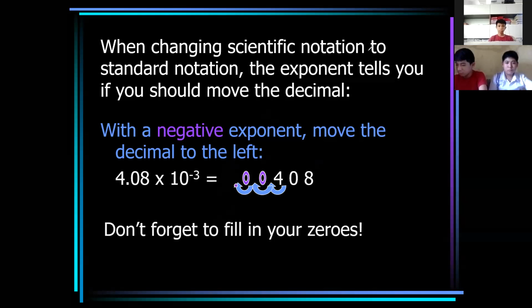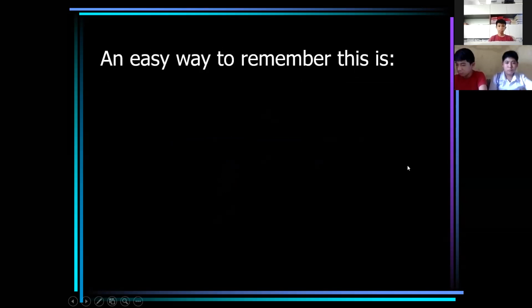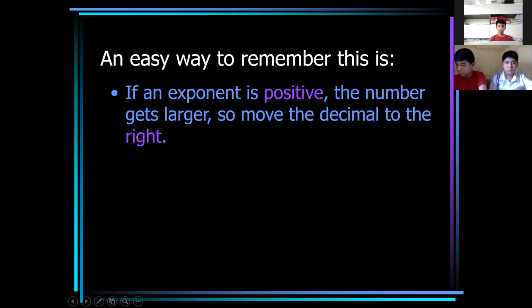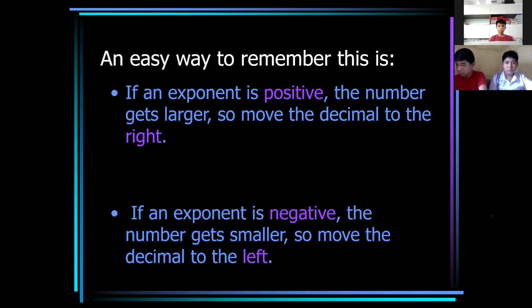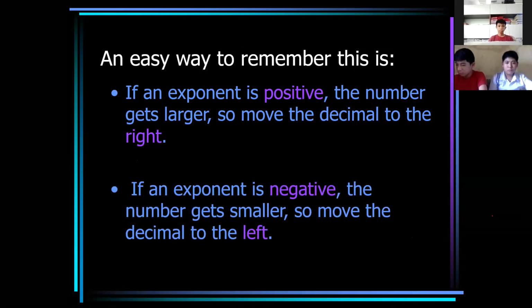Clarifications. So that is when your exponent is negative or positive. So an easy way to remember, class: if the exponent is positive, move it to the right. If the exponent is negative, move it to the left. This is when we're going to change scientific notation to decimal notation.